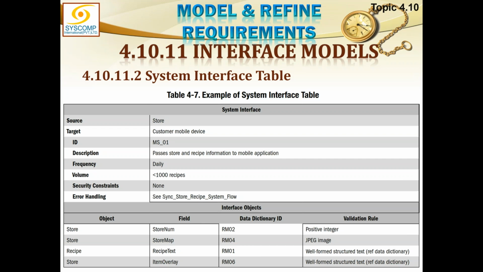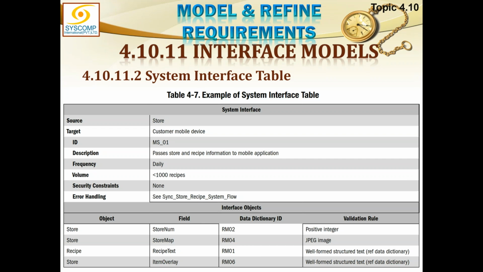Description is it passes store and recipe information to mobile application. Frequency is daily. Volume is less than 1,000. And security constraints, there are none. Error handling, for that you have to see the variable C sync store recipe system flow.